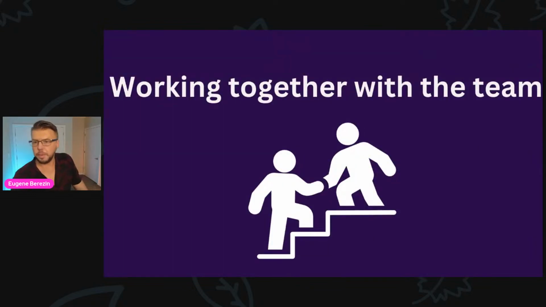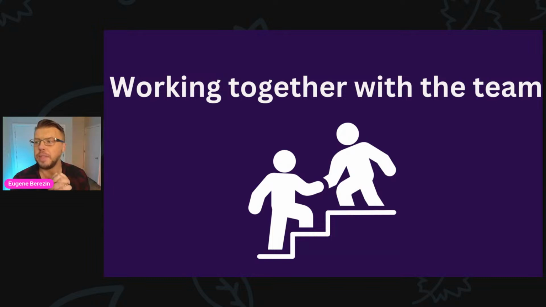When you work with people, it's really important to work as a team. You have no idea how many developers I've seen through my career who are difficult to work with because of their personality, their demeanor, and how they treat people.